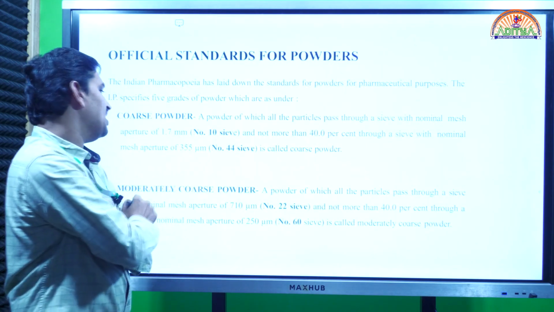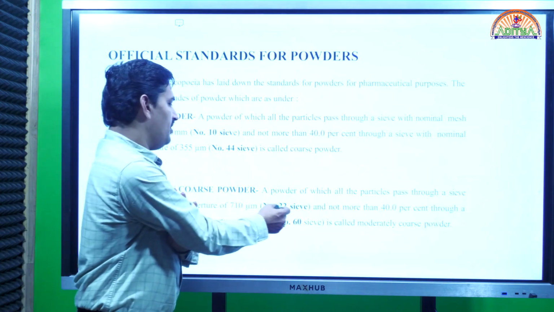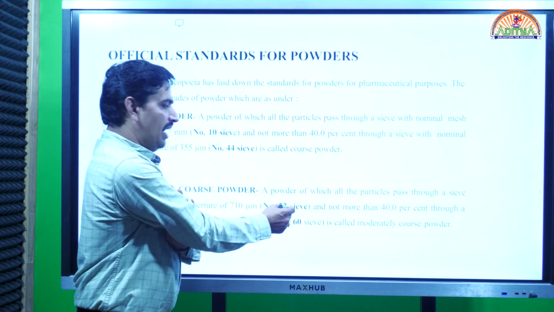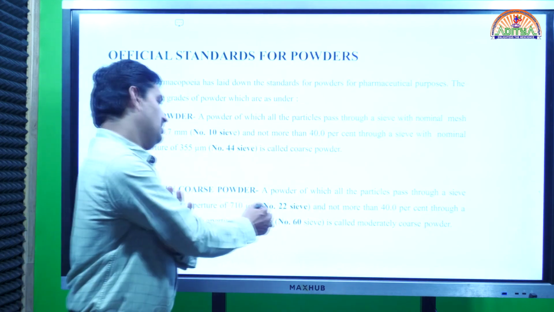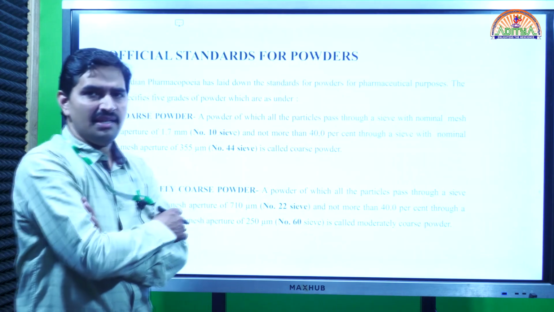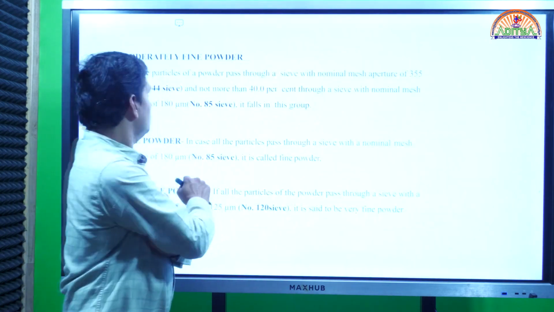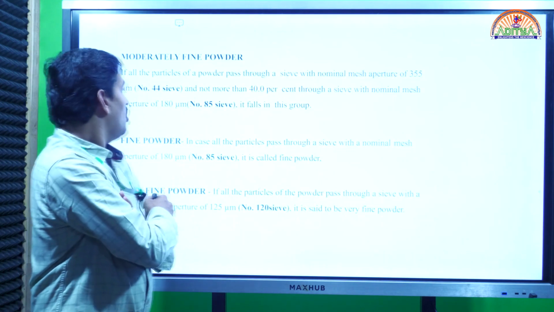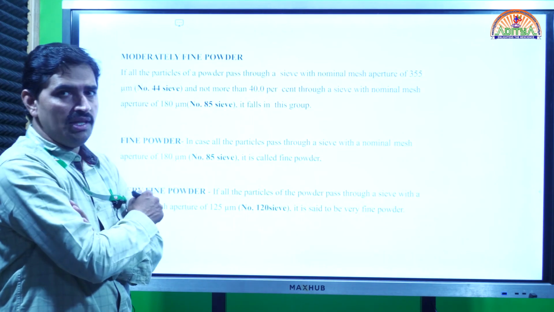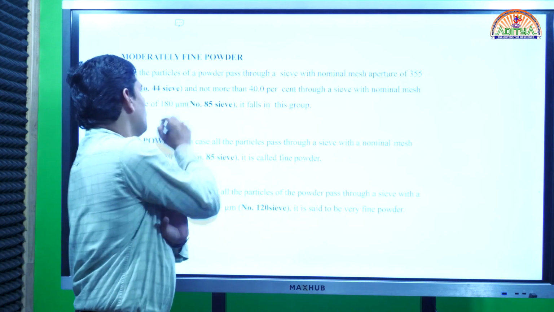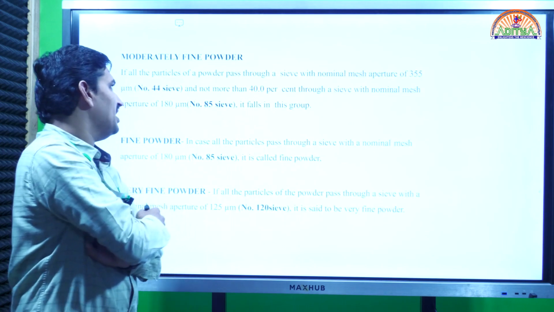Coming to the moderately coarse powders. The powders which can pass through sieve number 22 and 40% of the particles can pass through sieve number 60. Such a size range of particles are called moderately coarse powders. Coming to the next one, moderately fine powders. Generally these will pass through sieve number 44, and 40% of particles can pass through sieve number 85.